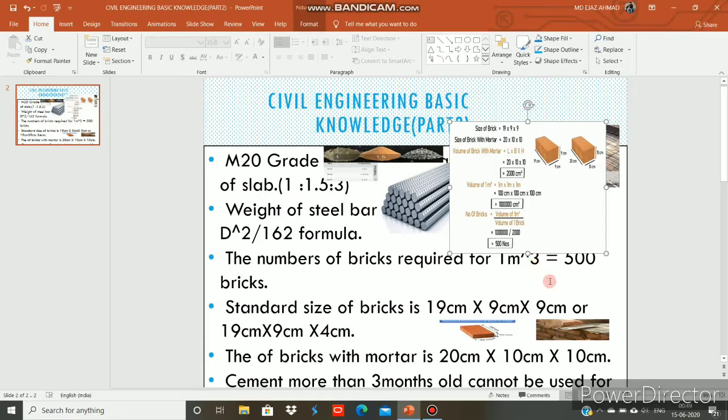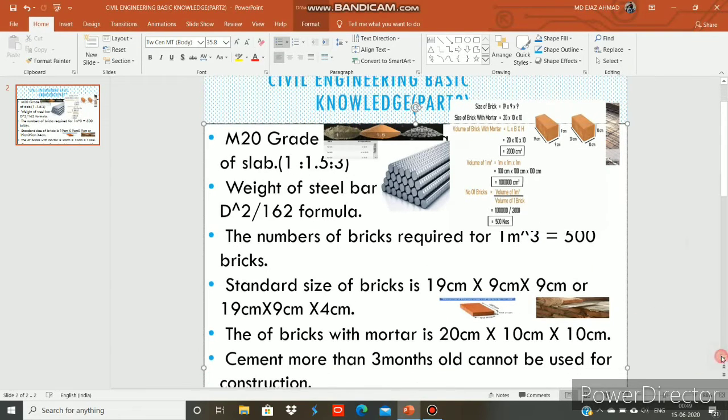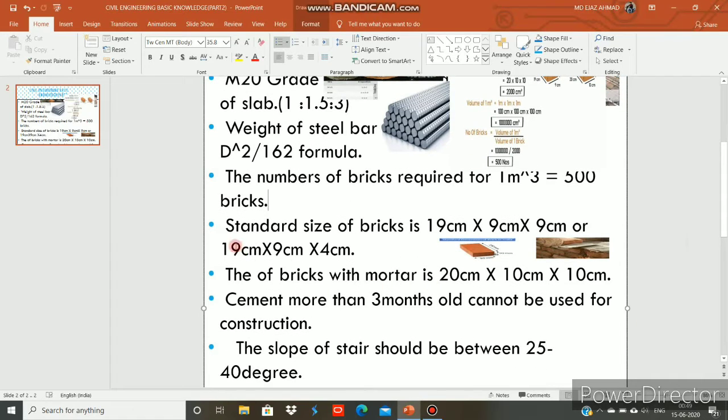Now our next point is the standard size of brick. What is the standard size of brick? The standard size of brick is 19 centimeter x 9 centimeter x 9 centimeter, or also available 19 centimeter x 9 centimeter x 4 centimeter.